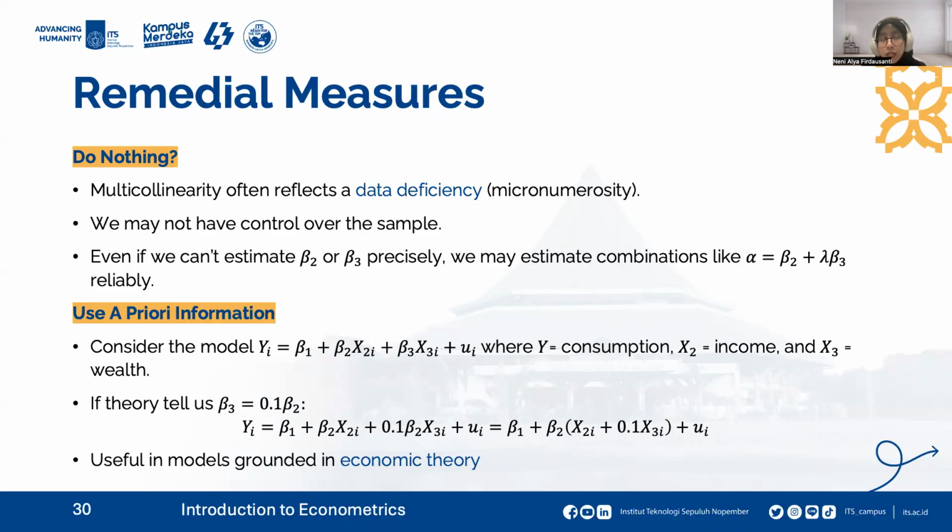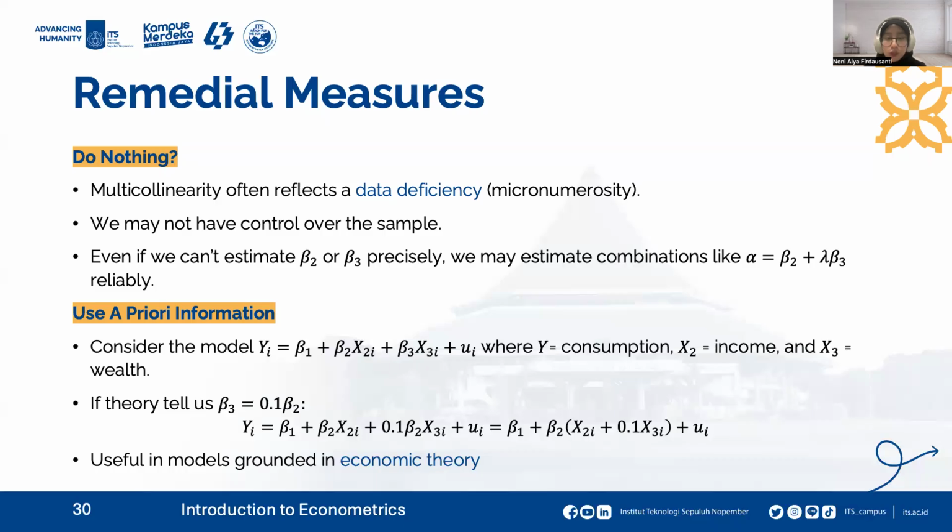Let's say we don't have enough resource to get a lot of data, so there's nothing we can do about it, and we may not have control over the sample. So even if we can't estimate beta 2 or beta 3 precisely, we may estimate the combination of them, like alpha equal to beta 2 plus lambda beta 3, or we can use a practical solution to reduce the impact.